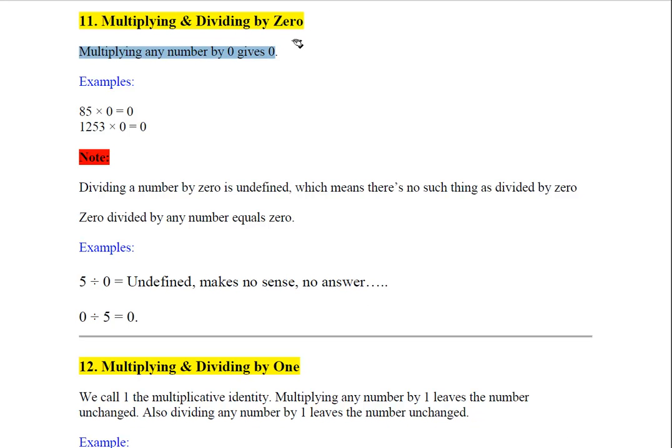Let me give you an example. Let's say you have a question on the test that says, what is the product of all integers between -5 and +7?